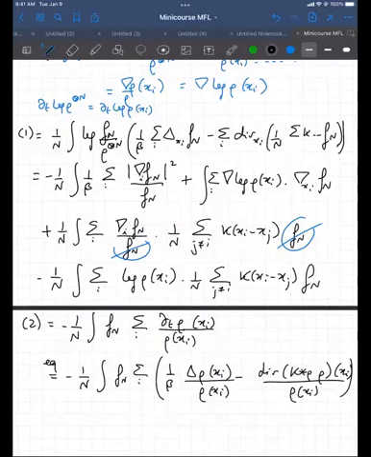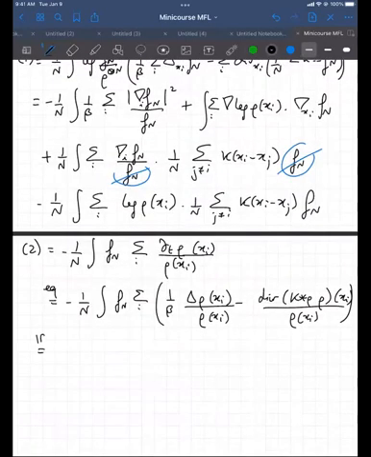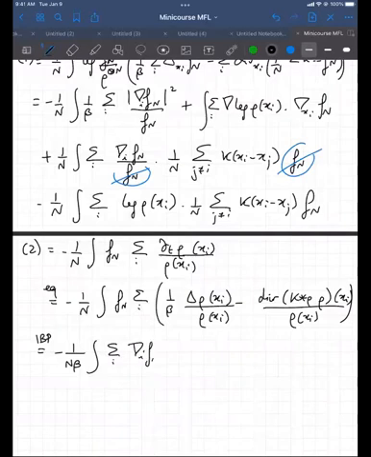Okay. So again, some integration by parts. There's going to be a term like this, where now we have gradient fn. So I take the Laplacian and I hit fn with the gradient, right? So I get gradient rho divided by rho.